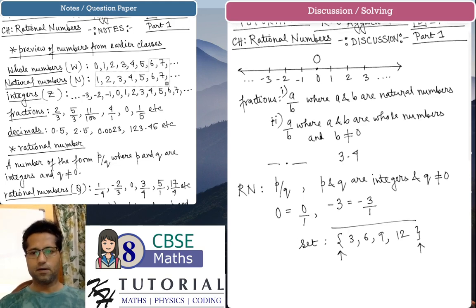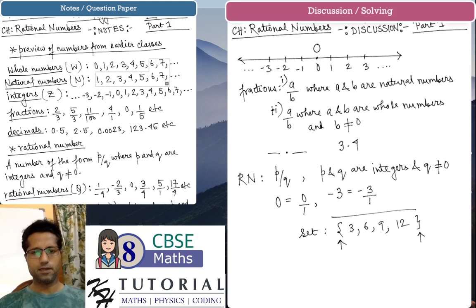In your higher classes you will study that we can consider the collection of whole numbers as a set. A set is denoted by a capital letter, so the set of whole numbers is denoted by the capital letter W. We write it like this: 0, 1, 2, 3, 4, 5.